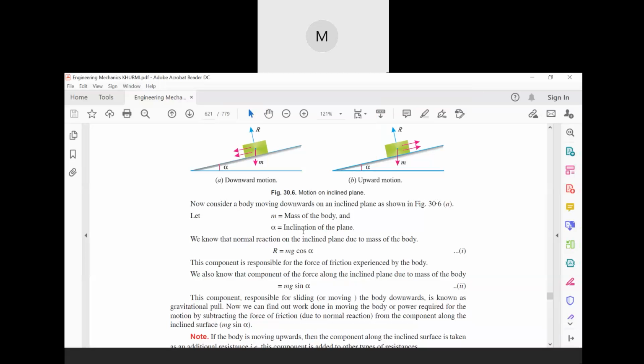So if this component is responsible for the motion of the body, then we can say that the sin alpha component is the force that is being applied, right? So in an inclined plane, if you are required to find out the force, then this force is this sin alpha thing. Is it clear now?